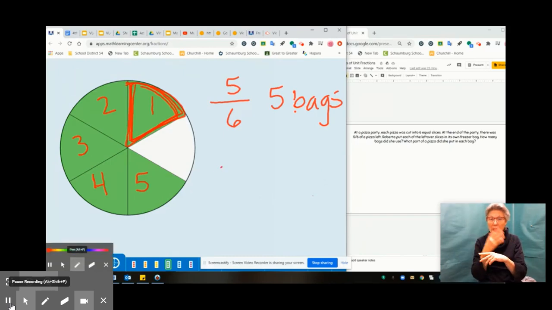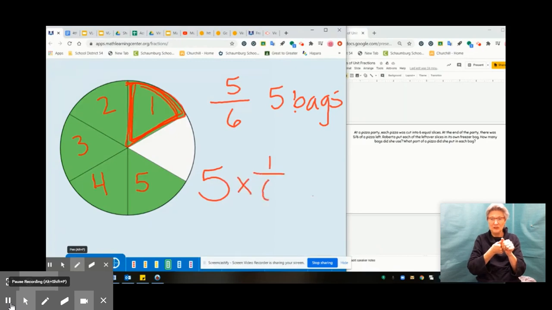I know that I have 5 total slices that are left, and I know that each of those slices is 1/6. So I can write the equation of 5 times 1/6, what each of those is worth, to get 5/6, or my total pizza that's left over.